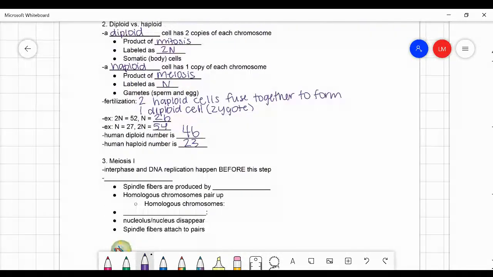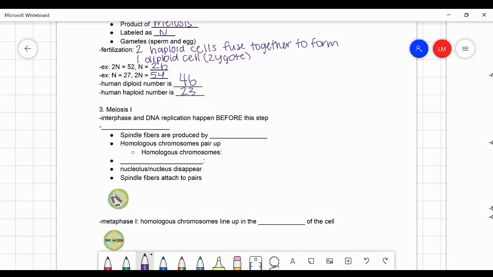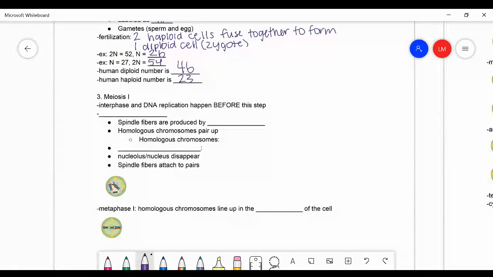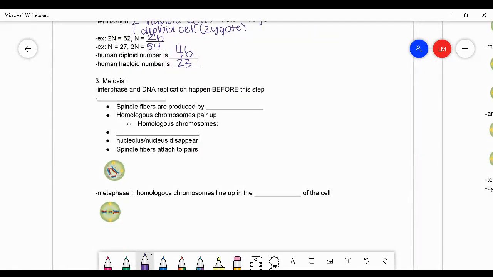Next, we are going to look at meiosis 1. Just as a note, interphase and DNA replication happen before meiosis 1, and it's those same details as when we talked about interphase before mitosis.